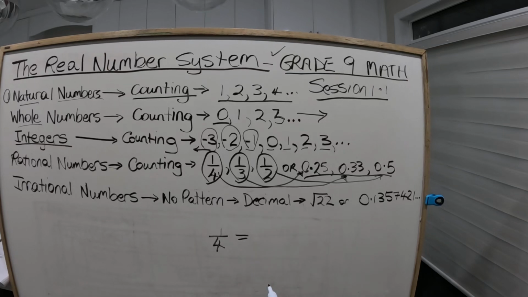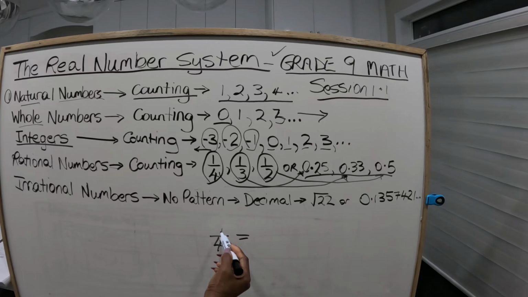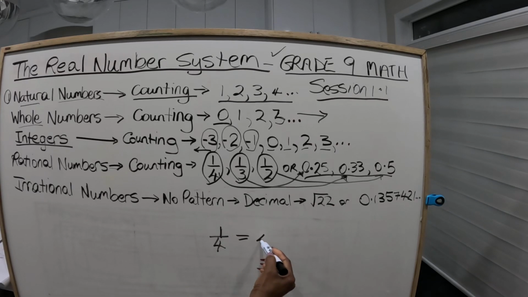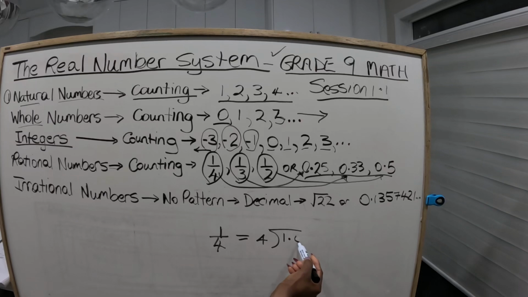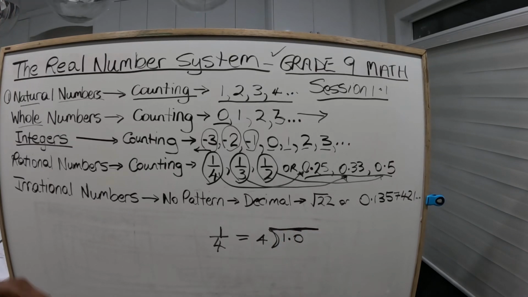In order to find that out, it's the same as taking a quarter and you're going to divide that 4 into 1, right? And if you're trying to divide that into 1, you have to put a decimal place here because it's not possible to put 4 into 1, but you're going to use the 0 as a space saver. So now 4 into 0, you can't.